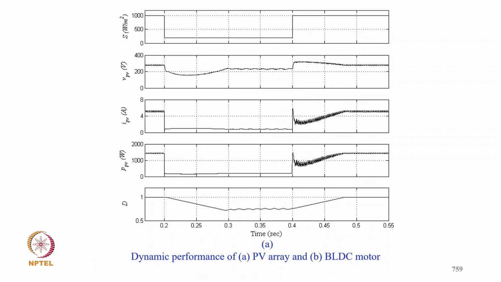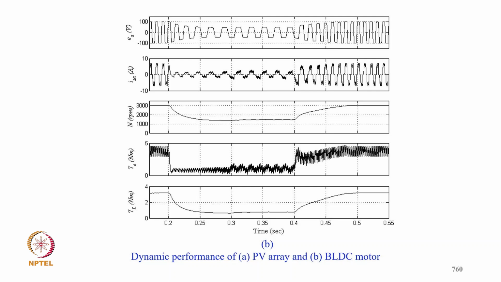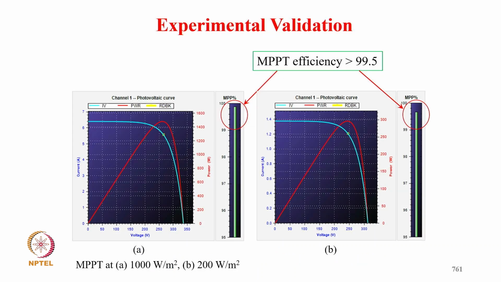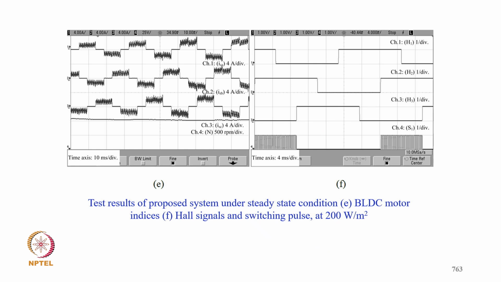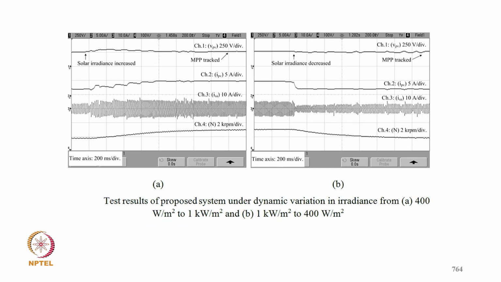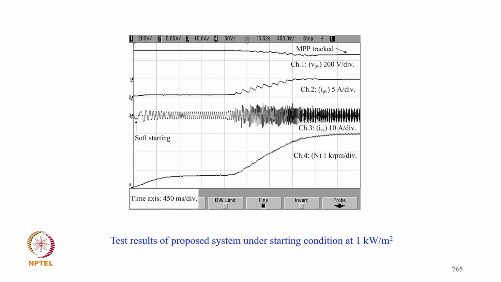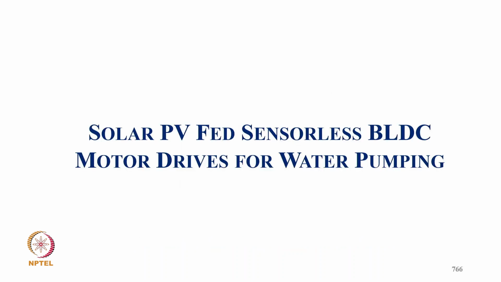Then the dynamic performance during insulation change, and experimental performance of solar PV MPPT at 1000 watt per meter square and 200 watt per meter square, with PV voltage, PV current, PV power and duty cycle, 3-phase winding current and speed of the motor, Hall signal, and all 3 winding currents at 200 watt per meter square, and the starting performance with solar insulation increase and decrease, and the starting performance of the motor at 1000 watt per meter square.